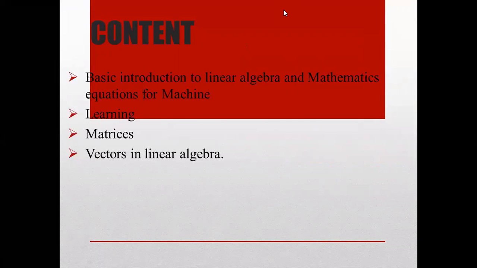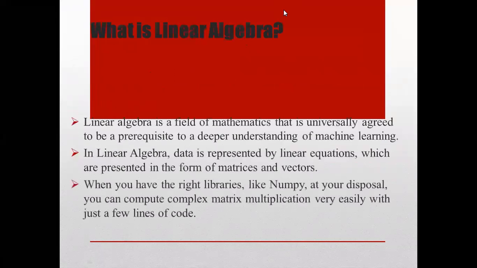So what are the mathematical objects in linear algebra? As I told you, linear algebra is a field of mathematics that is universally agreed to be a prerequisite to a deeper understanding of machine learning. In linear algebra, the data is represented by linear equations, which are presented in the form of matrices and vectors.